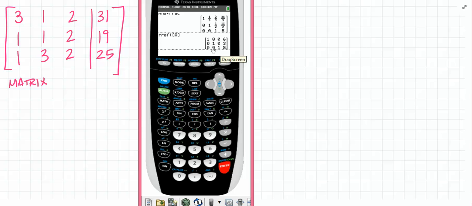So when you have it in reduced row echelon form, you have essentially solved the system, because it tells you 1z is worth 5, 1y is worth 3, and 1x is worth 6. So that is the answer to this system, and we solved it using calculator skills.